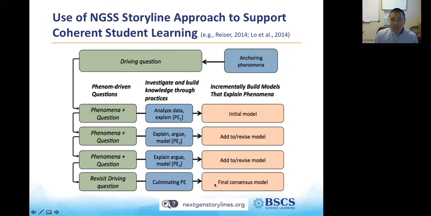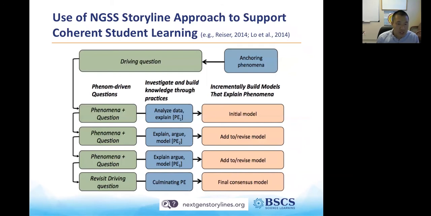So in light of these different challenges, we present the NGSS Storyline Approach as an answer to try to address this issue of coherence and shifting the role of the students in the knowledge building work. All NGSS storylines are anchored by an anchor phenomenon of some sort or a problem to solve, whose explanation leverages important disciplinary core ideas. The investigation of that phenomenon is framed by some driving questions, such as how or why am I able to detect an odor from a distance, or how or why are sea levels changing?